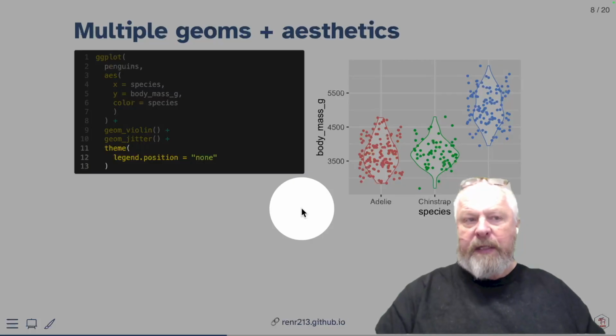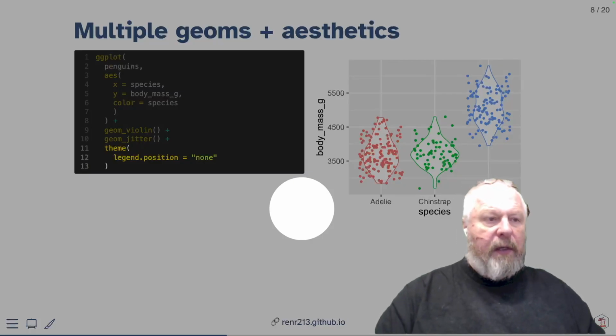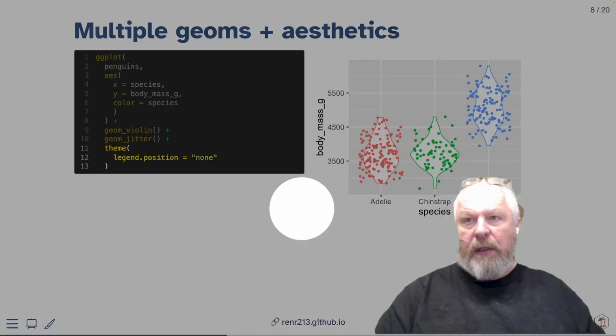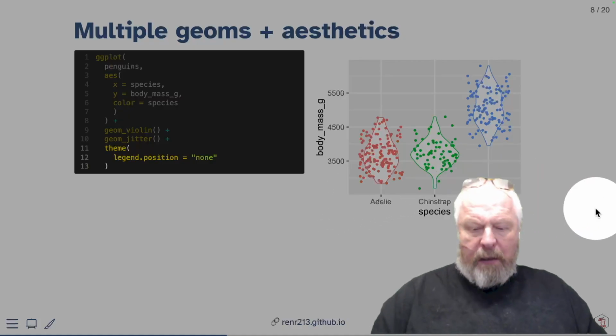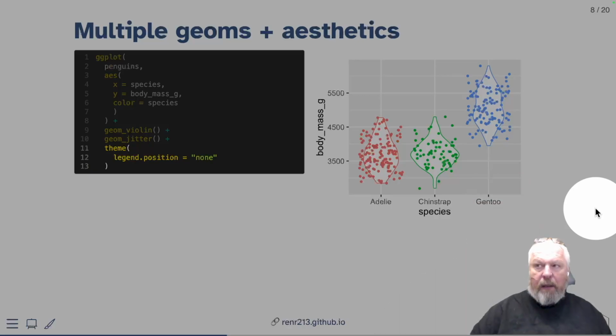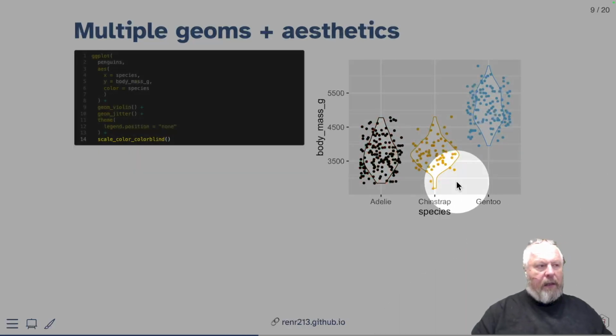It gives you more space for presenting your data. So you don't need to present the same information twice. And again, you can change the different color scales to be appropriate for different kinds of uses. In this case, we're using one of the colorblind scales.